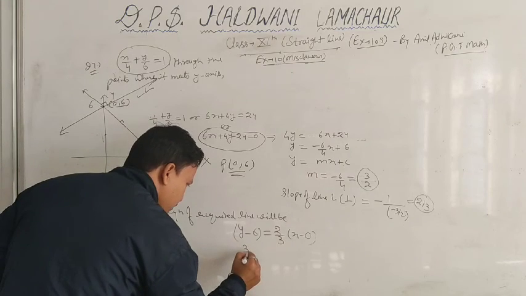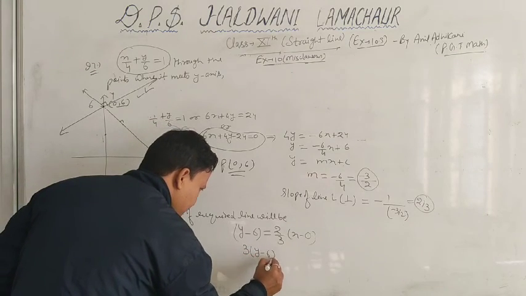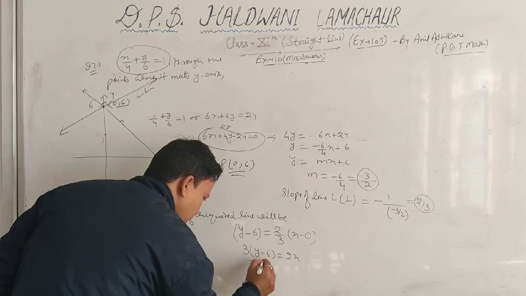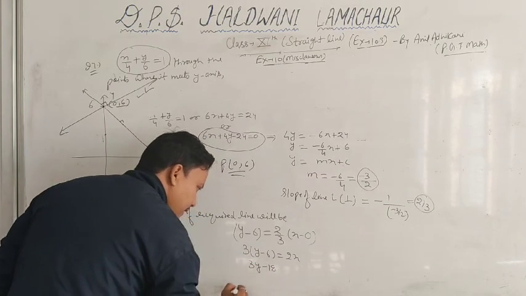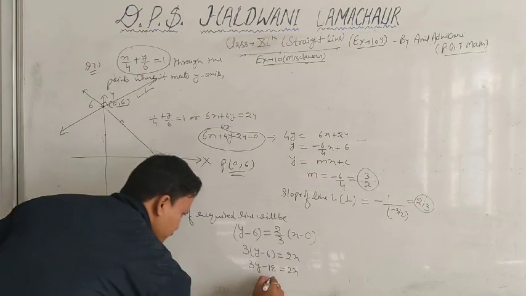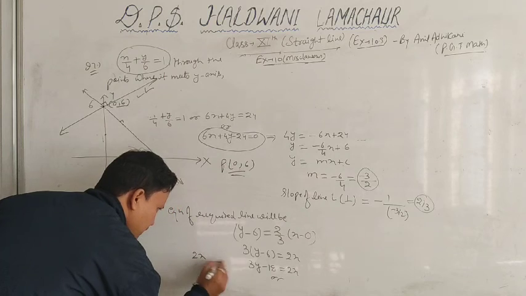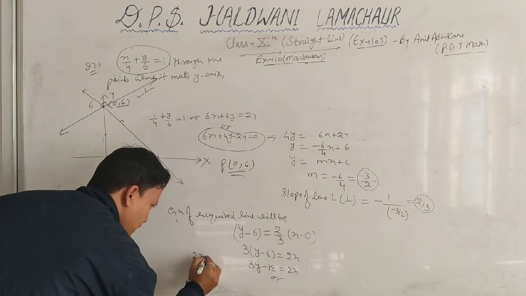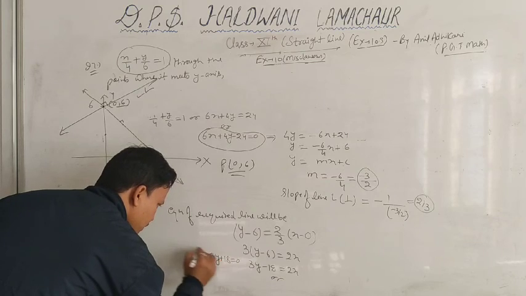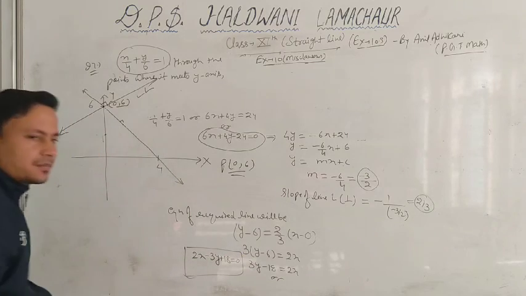So now 3 times y minus 6 is equal to 2x. So 3y minus 18 is equal to 2x, or you can say 2x, shifting both the terms into right hand side, so 2x minus 3y plus 18 is equal to 0. This is the required equation of the perpendicular line.